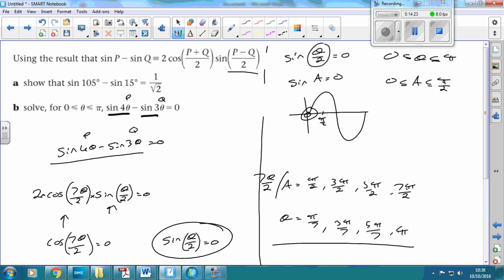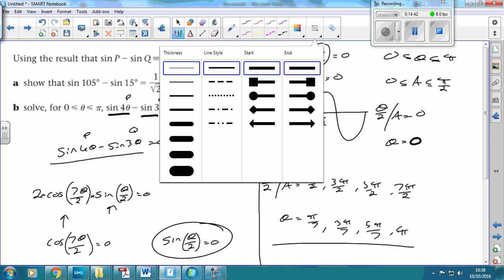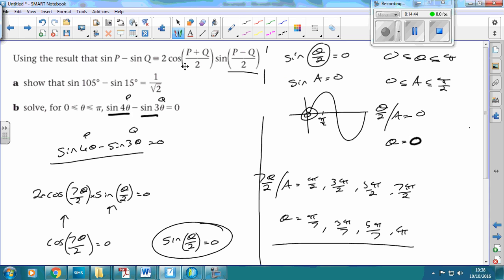There's only one solution, which is 0. A equals 0, and we replaced a with theta over 2. So theta, we need to times your answer by 2, so that's still 0. So the solutions for that are going to be these ones, and then also theta equals 0.